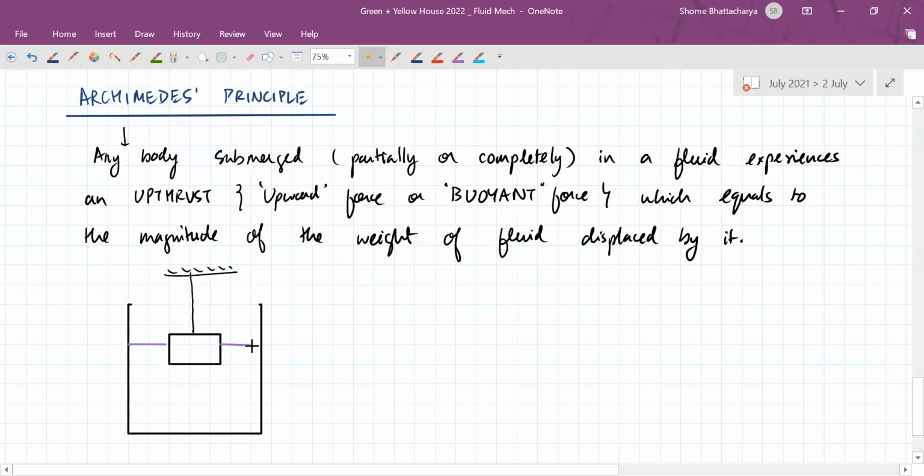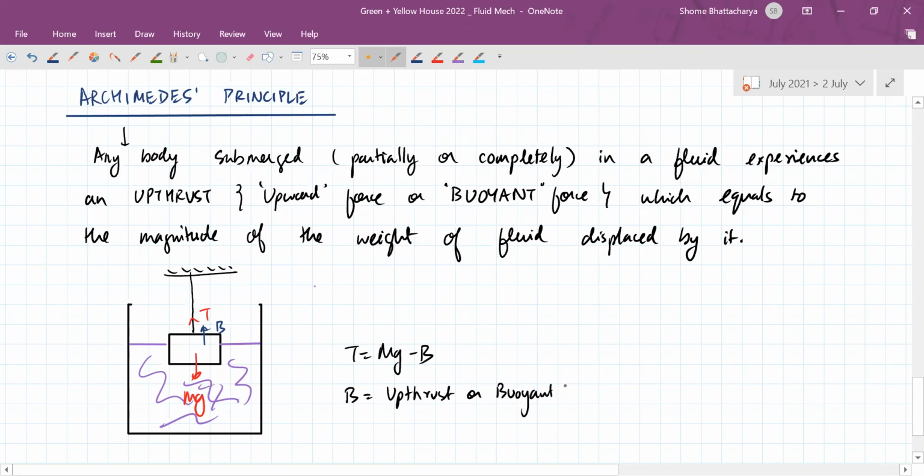The tension in the rope or chain will be less than its weight, because the fluid applies some upward force on it, called buoyancy or buoyant force, where B is the upthrust or buoyant force. This is applied by the liquid on the body.